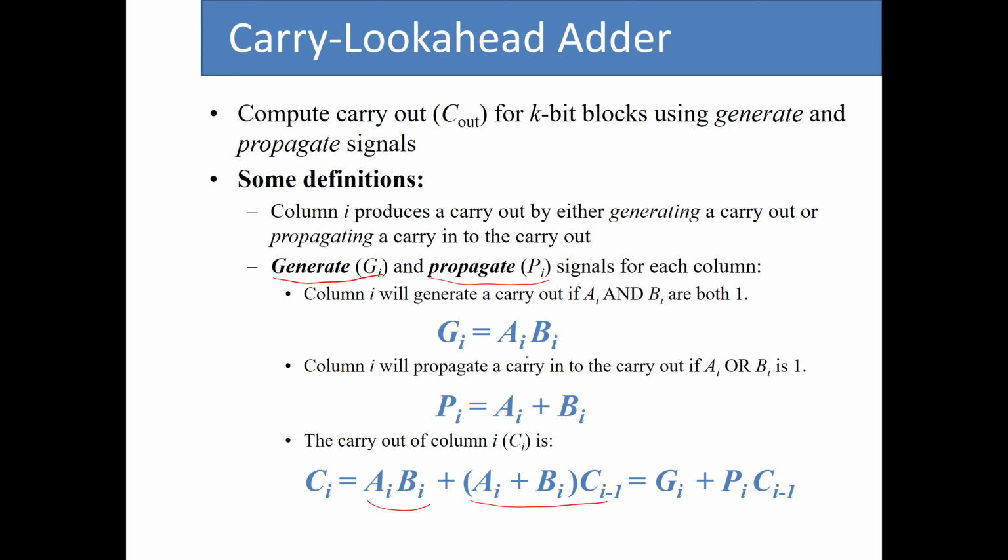Now you can see that these signals are computationally much less intensive than the actual summation and carry out signals that we use for the ripple carry, so we can at least have a good determination of whether a stage is creating a carry or not.